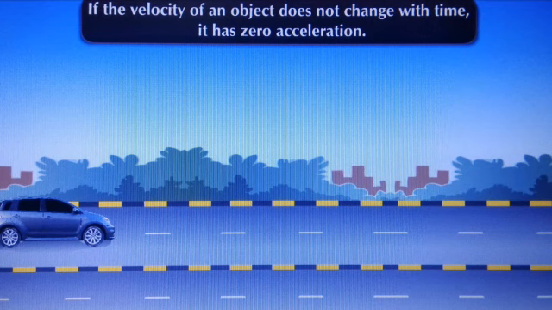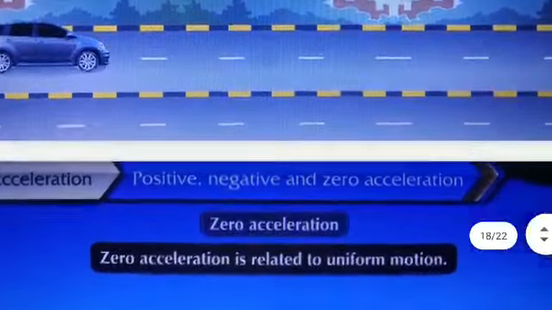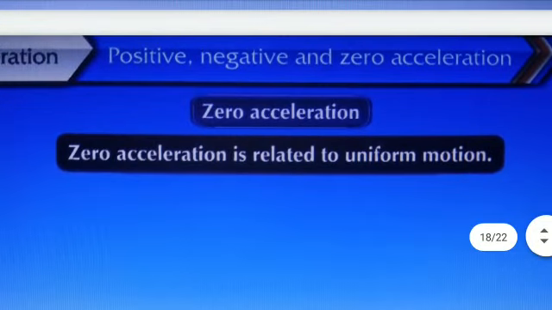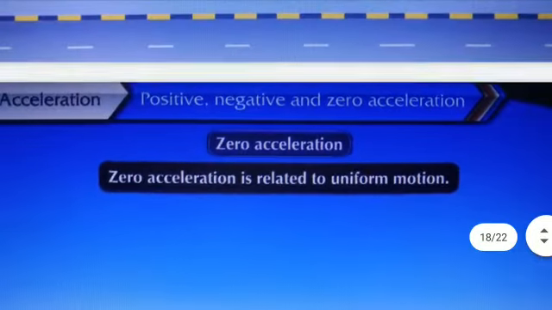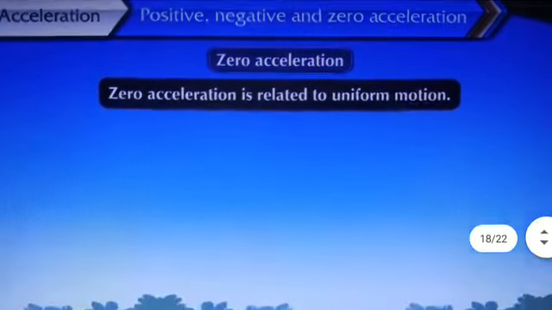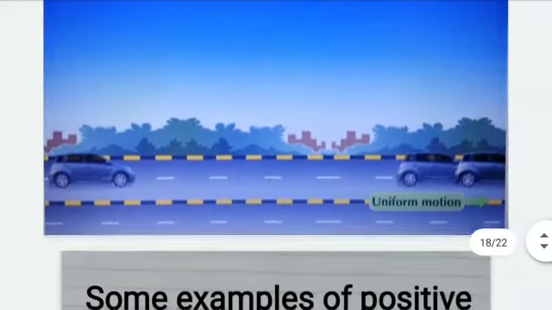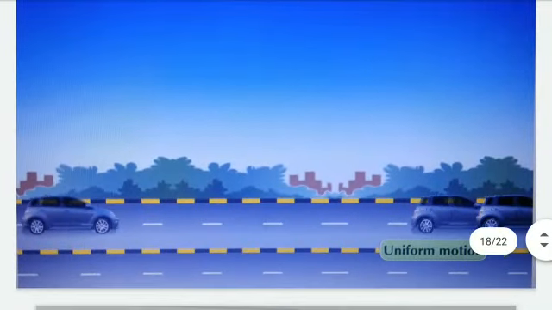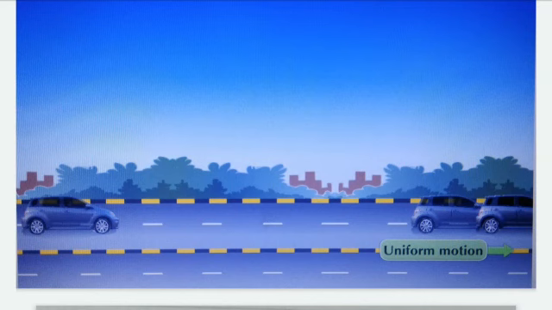The velocity of the car does not change with time, therefore it can be said that it has zero acceleration. Zero acceleration is related to uniform motion. It means the car covers the same distance in the same time interval.